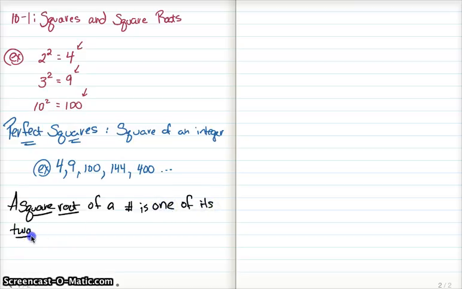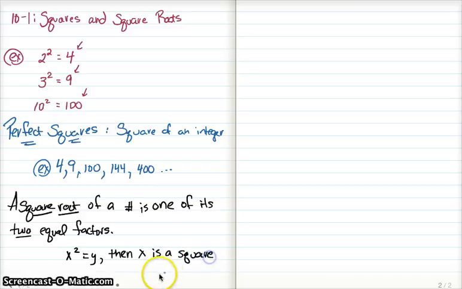And we'll come to this in just a moment. So I can say if x squared equals y, then x is a square root of y.